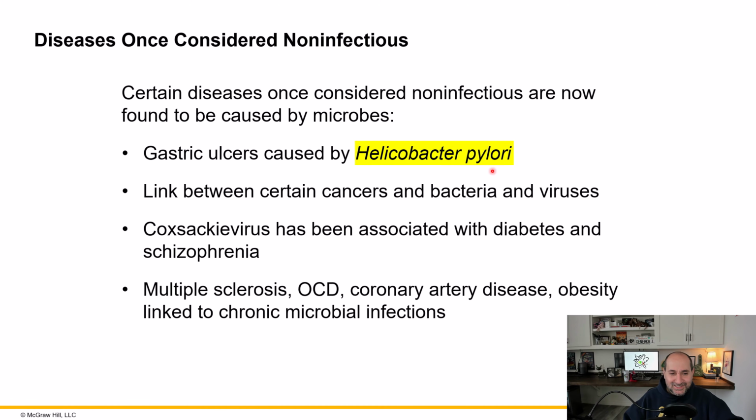Isn't that interesting? There's also a link between certain, but not all, cancers and bacteria and viruses, mainly viruses. Viruses can cause certain cancers, and there's also a link between Coxsackie virus with diabetes as well as schizophrenia. MS, multiple sclerosis, OCD, coronary artery disease, obesity, all of these have had links with chronic microbial infections as well.